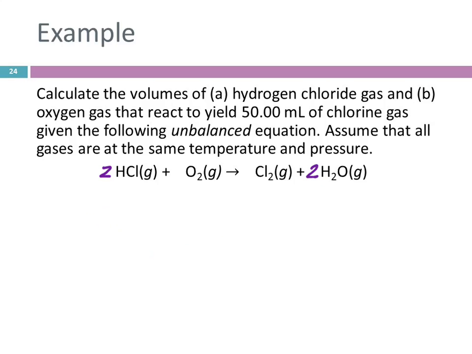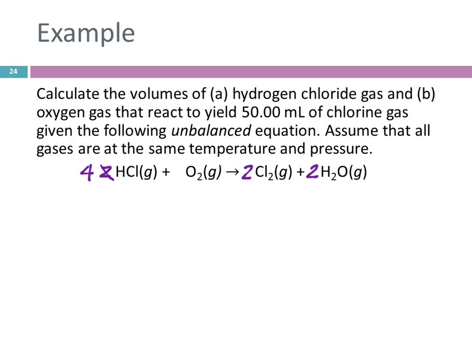So I need to go back over here and fix that. 4 hydrogens. That changes the chlorines. Now I've got 4 chlorines, so I have to go over here and put a 2 in front of the chlorines. Not the only way you could go about balancing the equation, but no matter how you go about it, you should end up with the same result. That was not the easiest way.